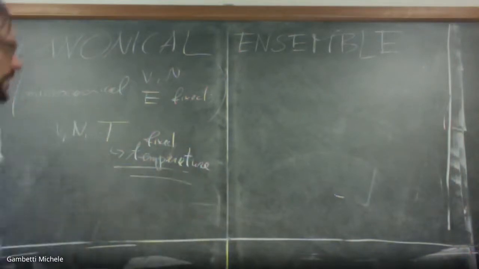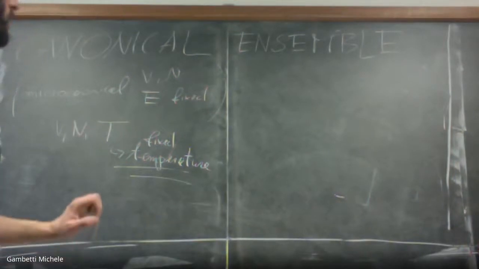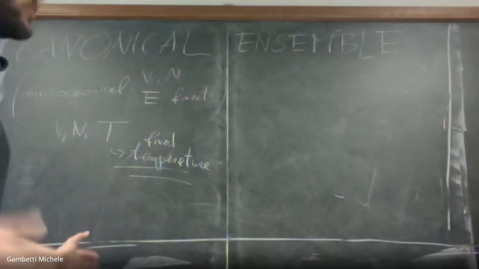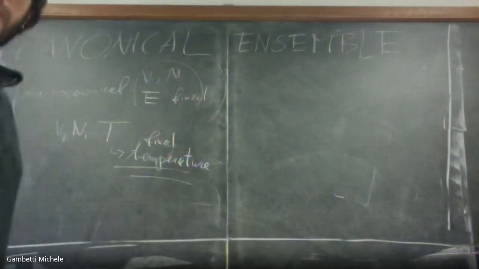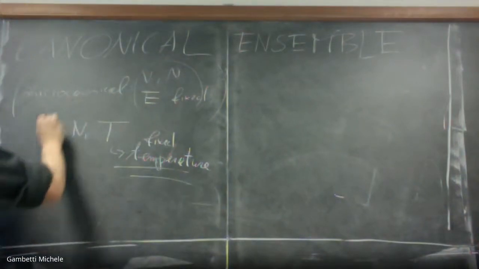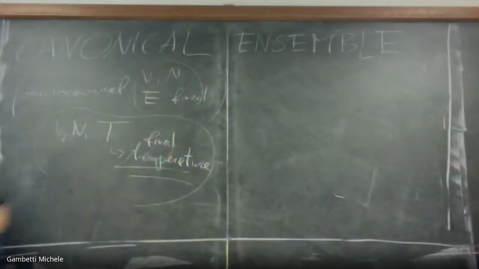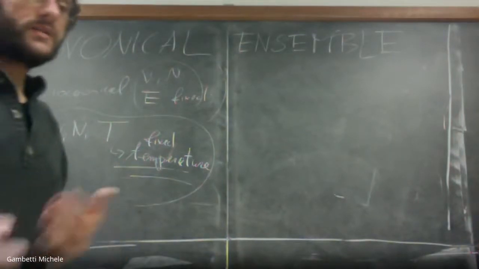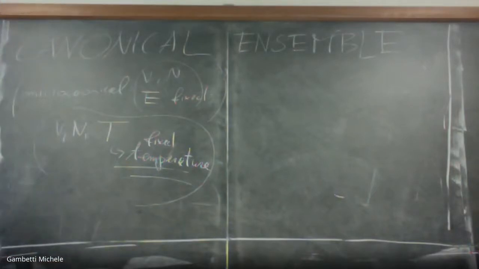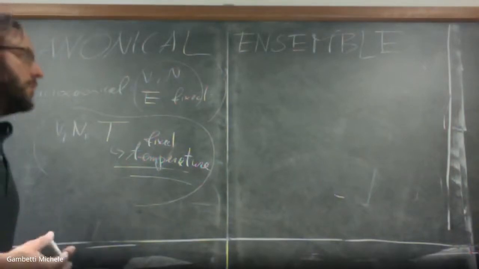Okay? So the canonical ensemble will allow us to switch from the description of a system which is completely isolated to a system at constant volume and total number of particles, but at a fixed temperature, which means that in principle my system could exchange energy with a reservoir, as I will comment in a moment.